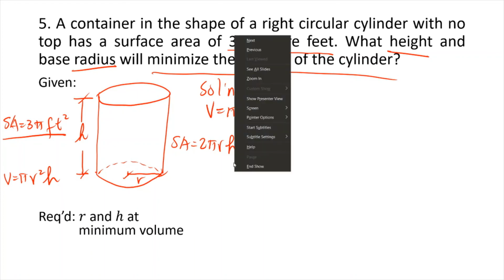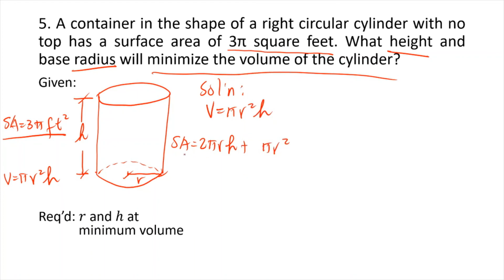So our working equation for the surface area is this one, where SA is equal to 3 pi. So let's plug in 3 pi equals 2 pi r h plus pi r squared. Pi is a common factor, so we can cancel out pi, right?